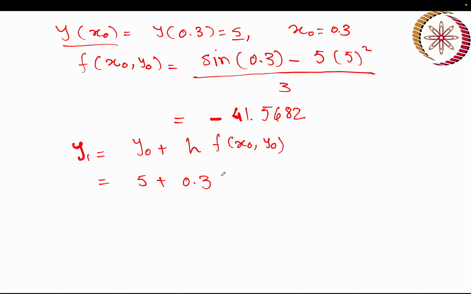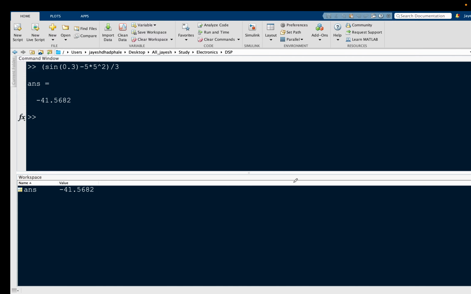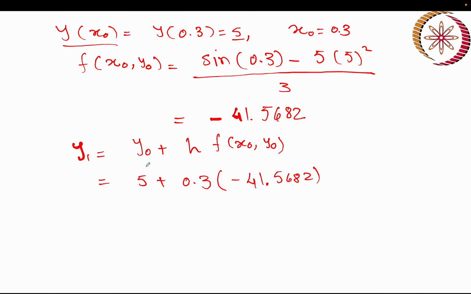So 5 plus 0.3 into minus 41.5682. The answer is minus 7.4704.